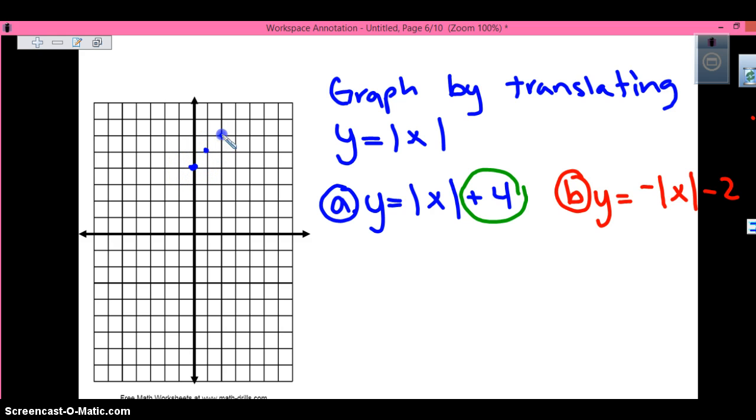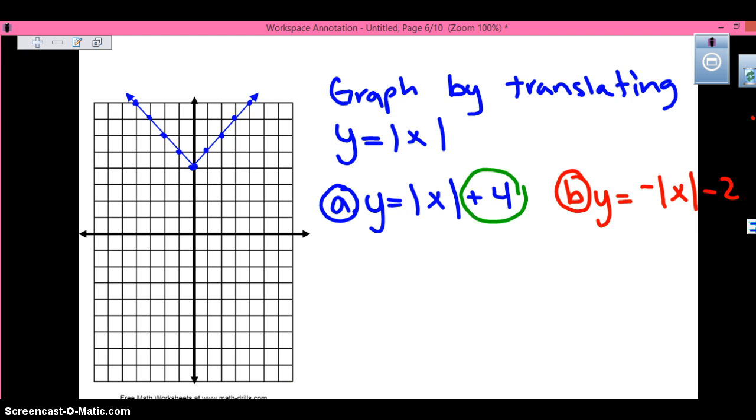And this would be the same shape, but a different position.